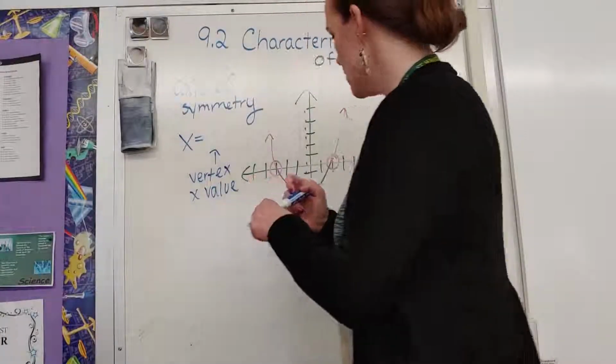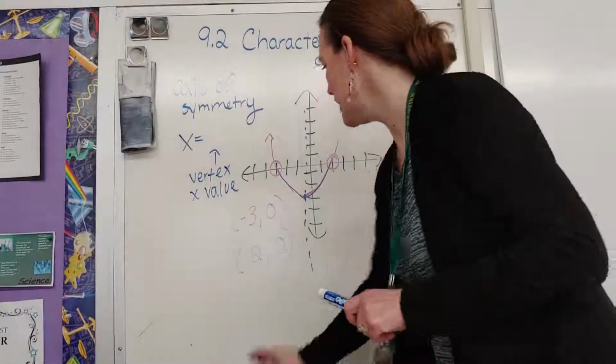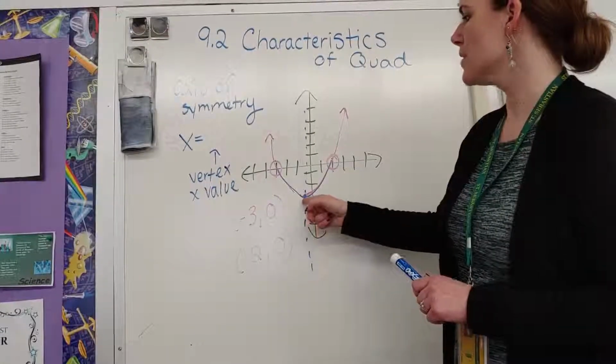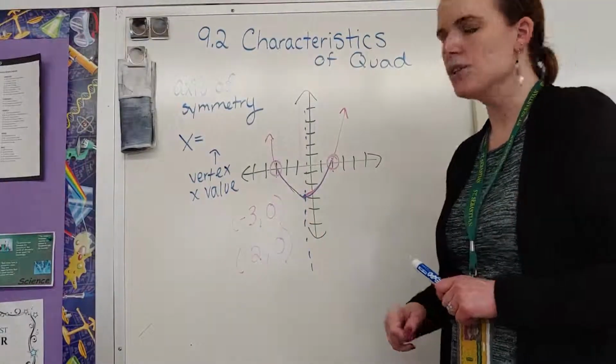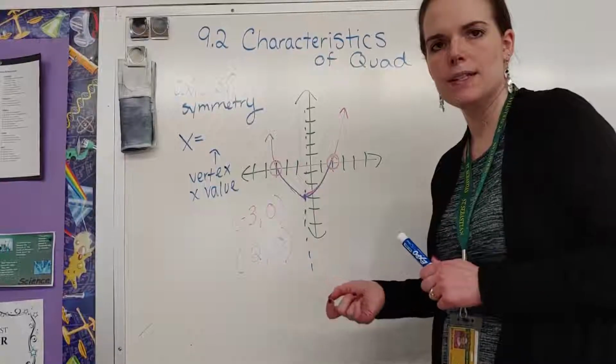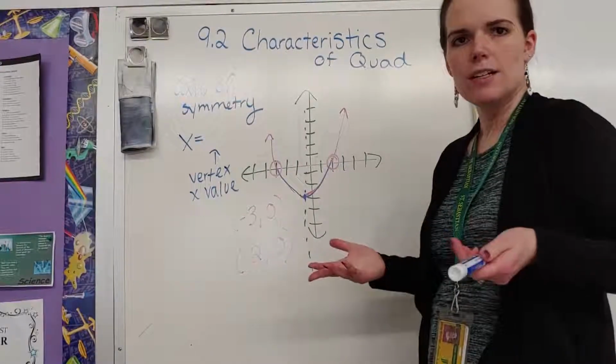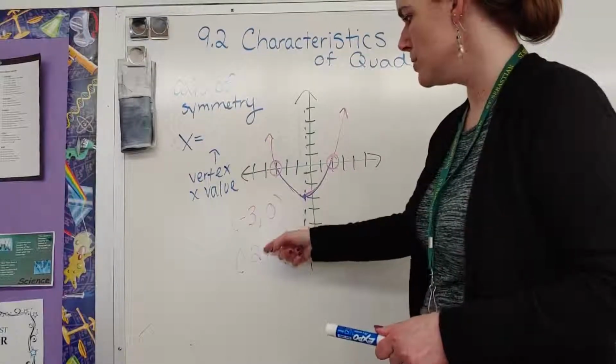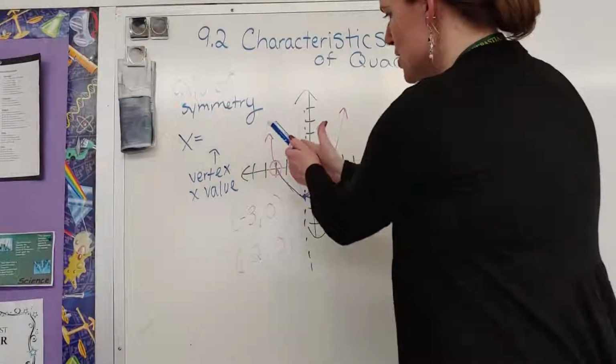So if you're able to identify really nice and neat what your vertex x value is, that's your axis of symmetry. The other way you can find this is if you have two zeros and you average them.